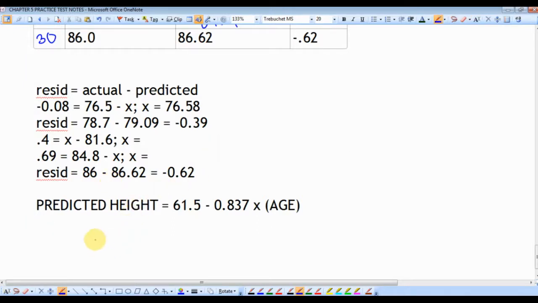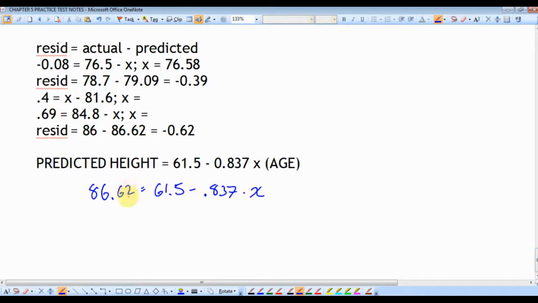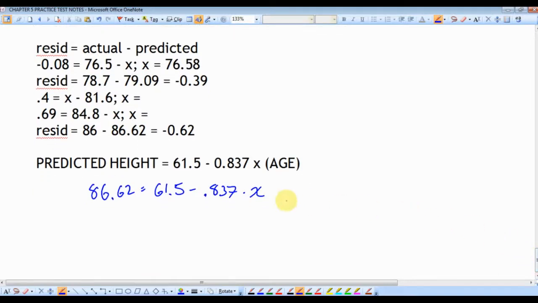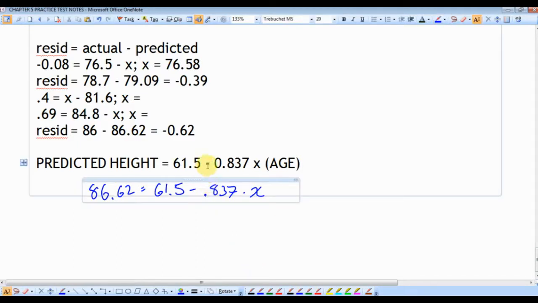86.62 equals 61.5 minus 0.837 times x. Again, we're not really teaching you how to do algebra here. Did I mess up here? Oh, it's plus. I was like, I'm getting a negative age.